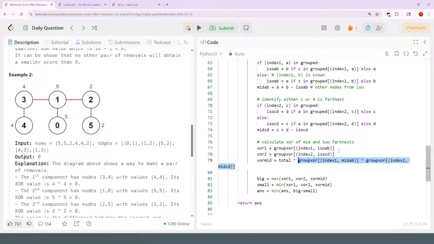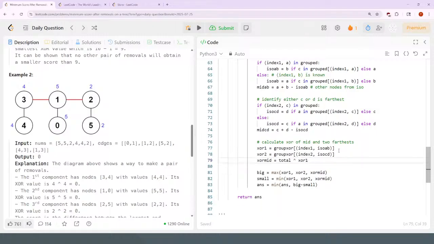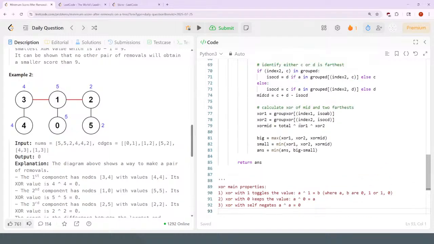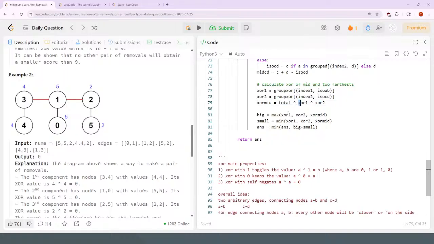I probably should just use something XOR 1, XOR 2. So the total will be excluding the side XOR values. Because when you do XOR values, XOR with itself is 0. So if you eliminate the two side portions of the total XOR, then that should give you the middle XOR.